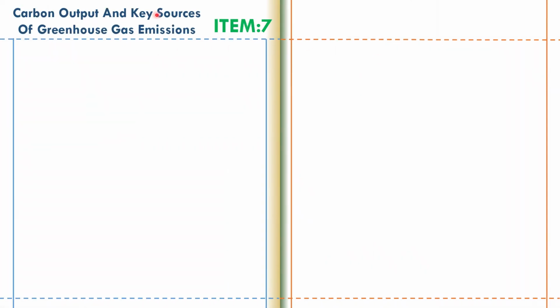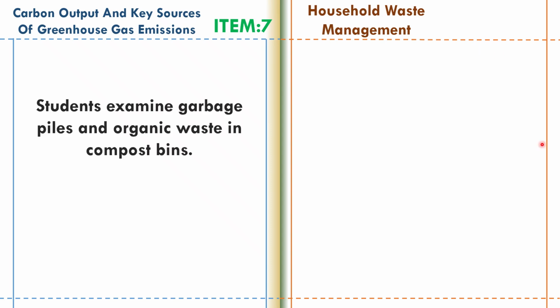Carbon output and key sources of greenhouse gas emission. Item 7. Let's now look at household waste management. Students examine garbage piles and organic wastes in compost bins.